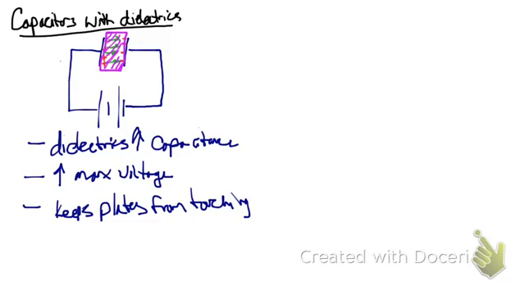Okay, so why does it increase our capacitance? Well, imagine we have a capacitance with no dielectric, and we'll call that C naught. So C naught is the capacitance of your capacitor without a dielectric.